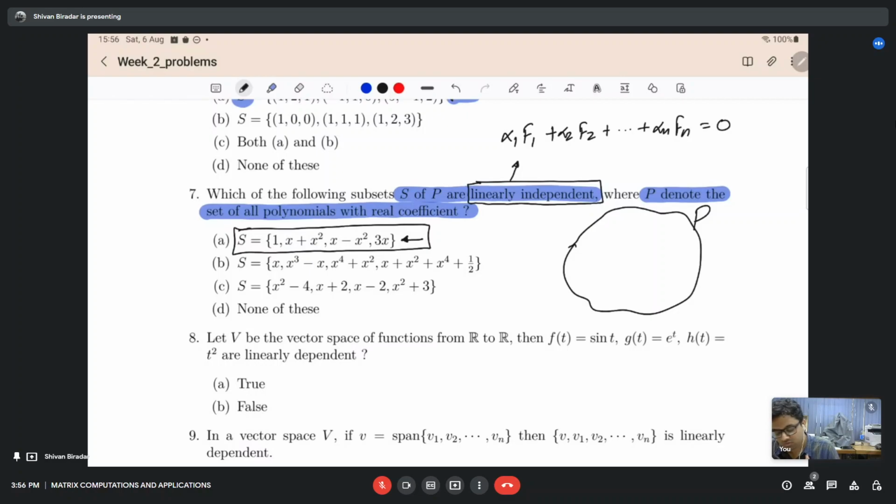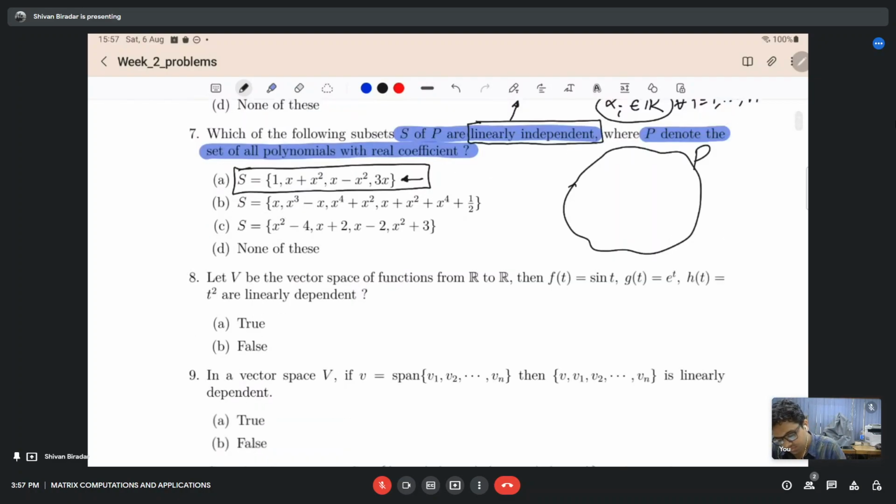If this is true for non-zero values of alpha 1 to alpha n, then we say that f1, f2, up to fn are linearly dependent, and alpha i belongs to the set of real numbers for all i equal to 1 to n. So alpha must belong to the real numbers. Remember this.